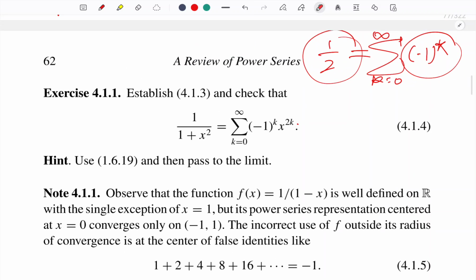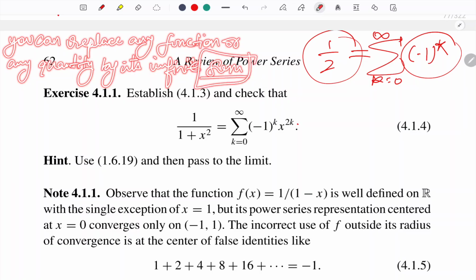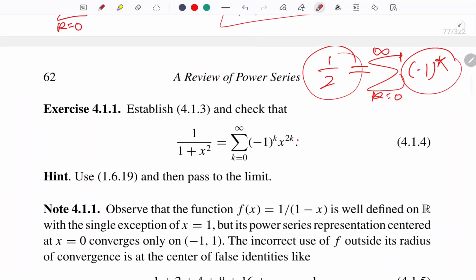And hence, I'm just going to write something over here, be careful. You can replace any function or any quantity by its infinite sum. How cool is this?